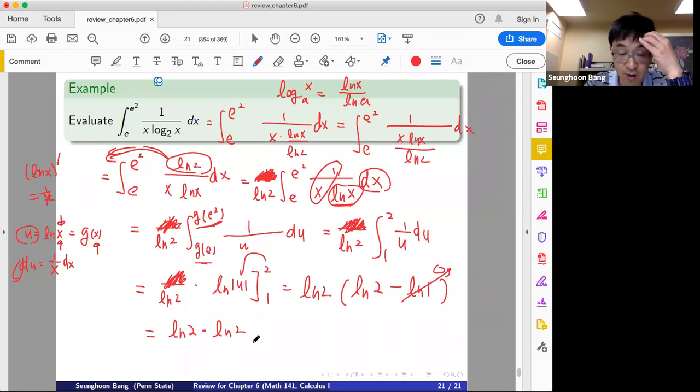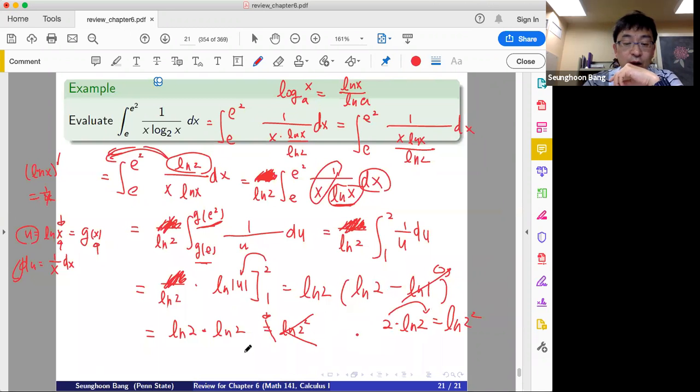So my equation, ln of 2 times ln of 2, is ln of 2 squared, which makes sense to me. What do you think? Is it right? Is it correct? No? No. Here, 2 is going to the power, yes, ln of 2 squared.